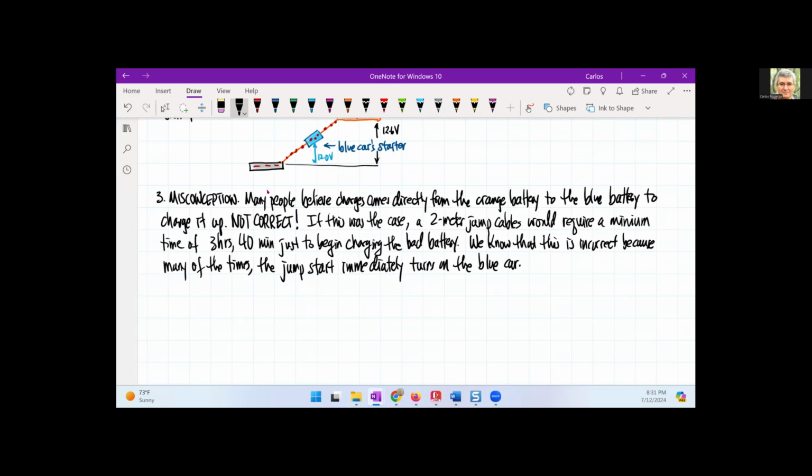So that can't be true. That's the problem with the drift velocity. That's the physics behind it.